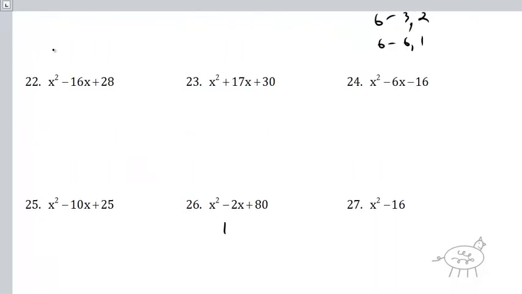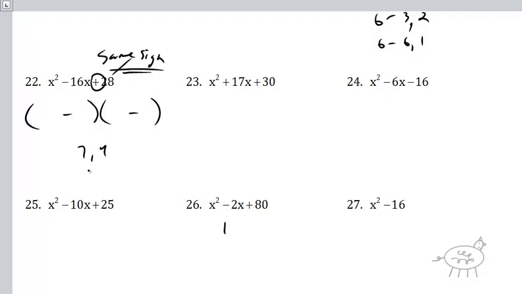Again, you can see how important signs are, guys. So it's positive to multiply. That means it's double negative. Same sign. Okay. Remember, if this is plus, it's same sign. So 28 is going to give us 7 and 4, or 28 and 1, or what else? 14 and 2.